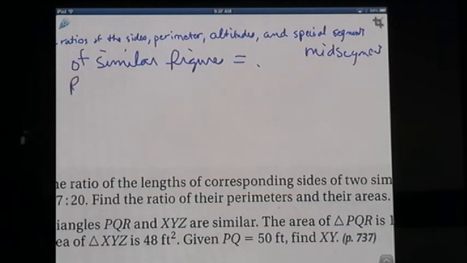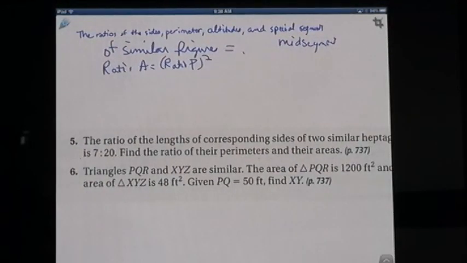Now, the ratio of the area is equal to the ratio of the perimeter squared. Okay, so we have the ratio of the sides. It says it's 7 to 20. That means the ratio of the perimeter is also 7 to 20.